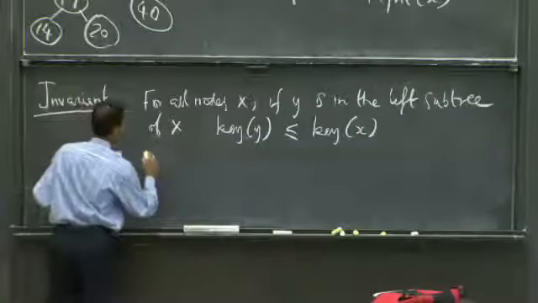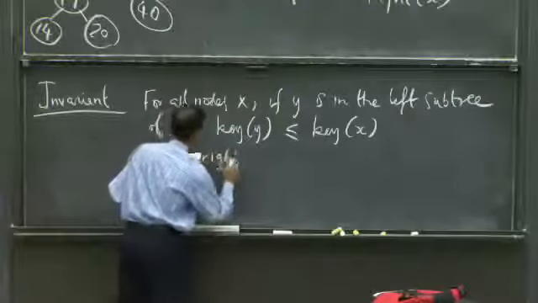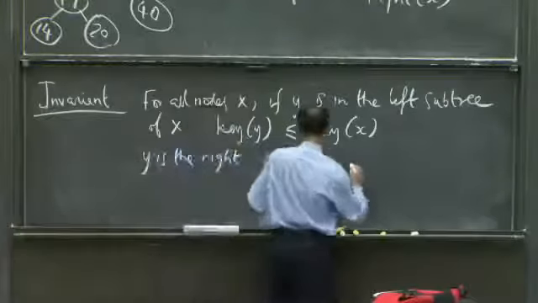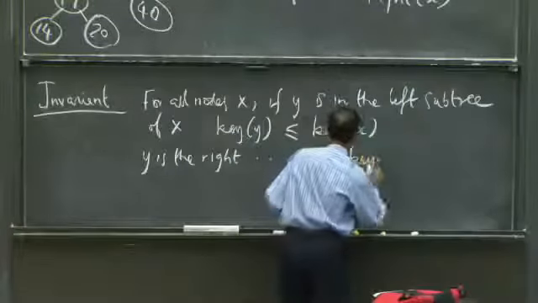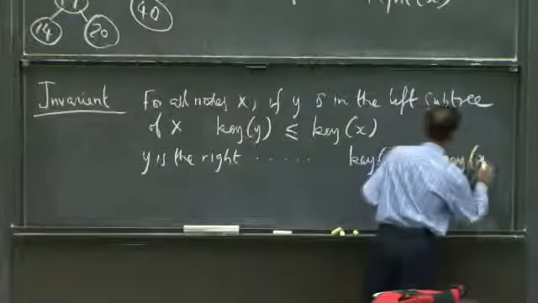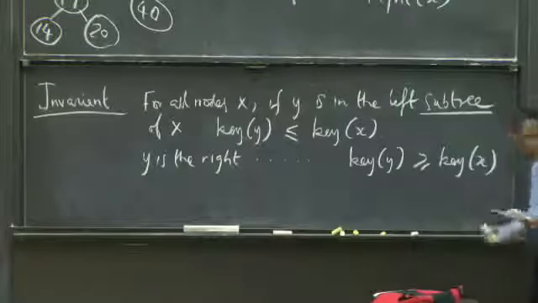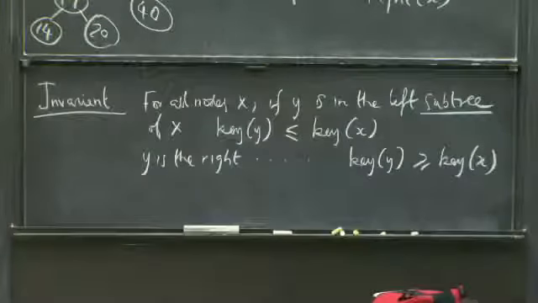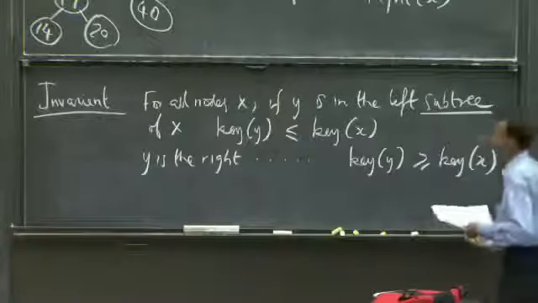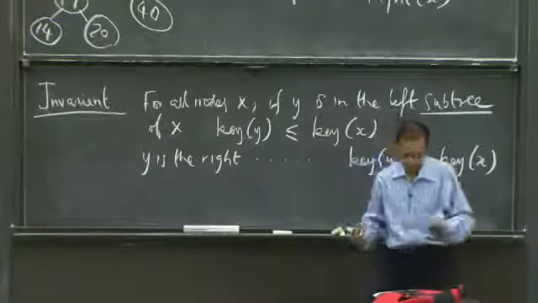And if y is in the right subtree, we have key of y greater than or equal to key of x. So we are talking about trees here, subtrees, everything underneath, and that's the stronger part of the invariant in a BST, versus in the heap, we were just talking about the children.